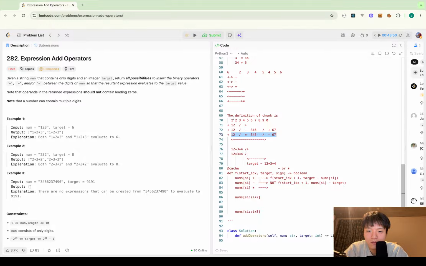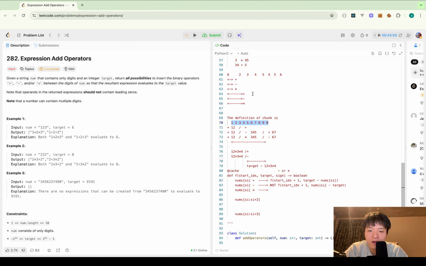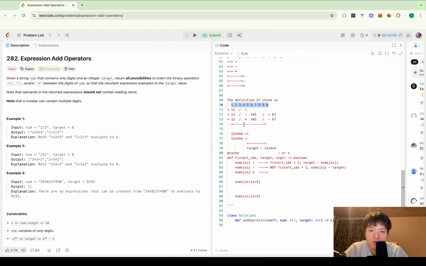So the problem here is I have to stop the recursion if I find it impossible to create the string. If I don't do that, as I said, as the brute force approach, I try to insert every possible operator at every position. And in the end, I find out that I couldn't create the target number.